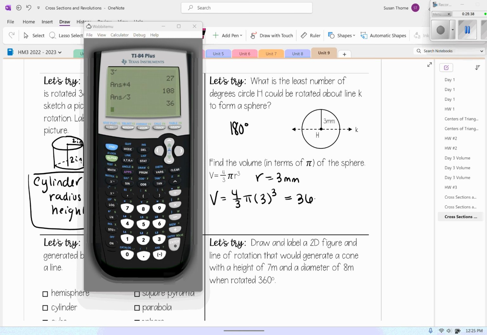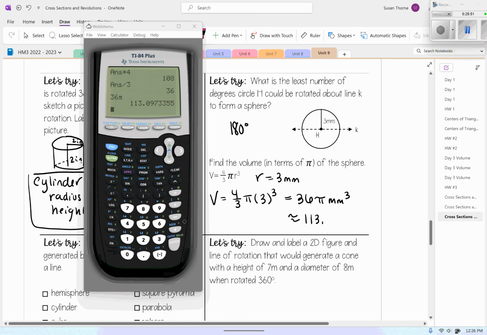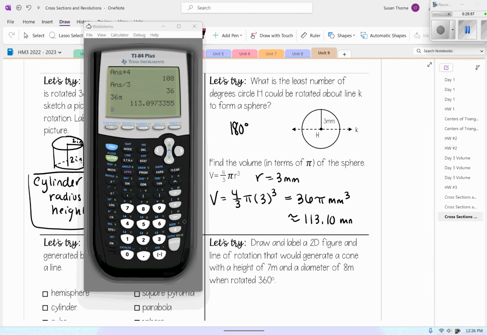So 36 pi cubic millimeters would be the exact answer. Then 36 multiplied by pi gives us about 113.10 cubic millimeters after rounding.